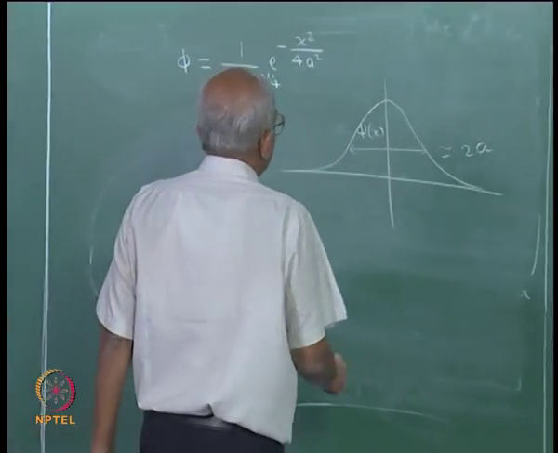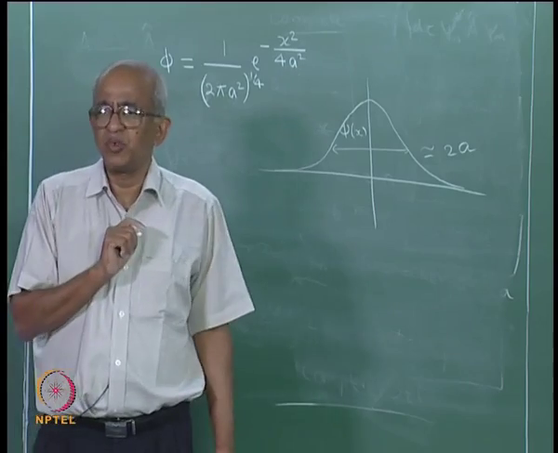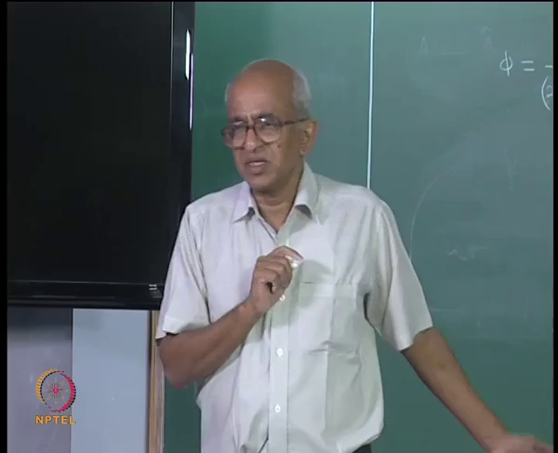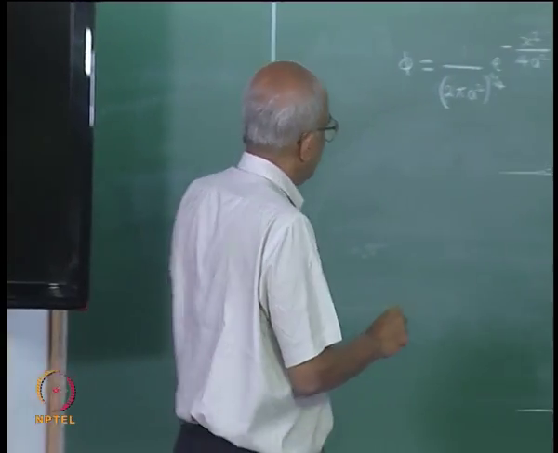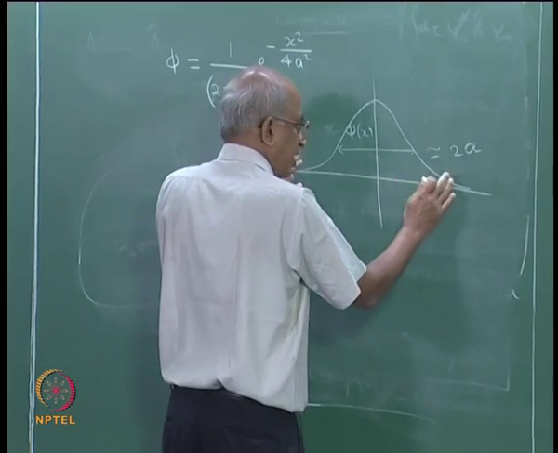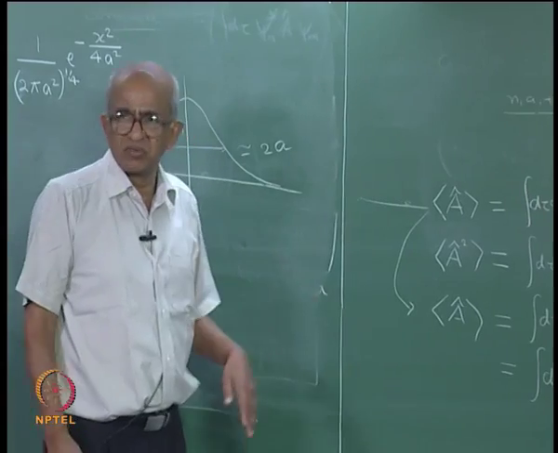So, now if you had such a function, and suppose you make a measurement of position, such a wave function implies that the particle will be found in this region with a fairly large probability, but if you were somewhere here, the probability of finding it is very small.